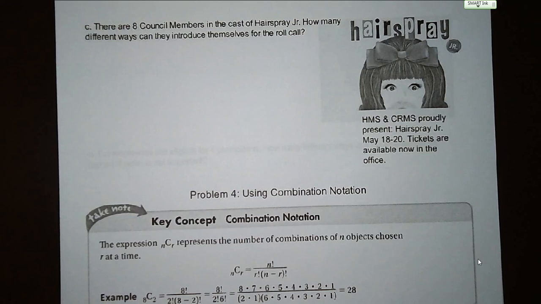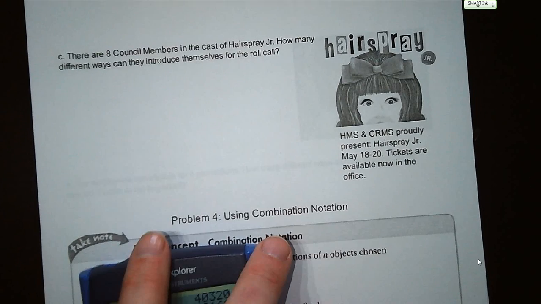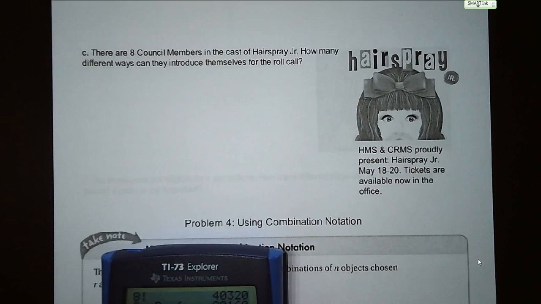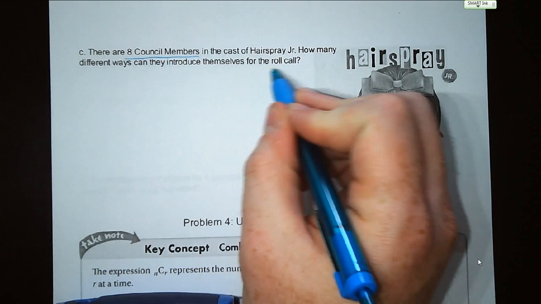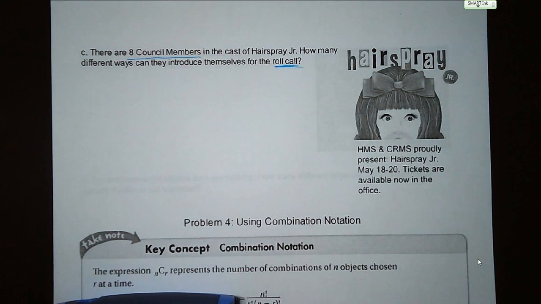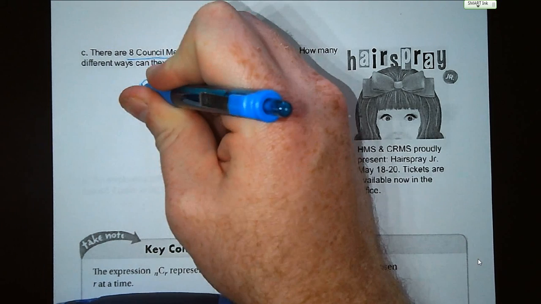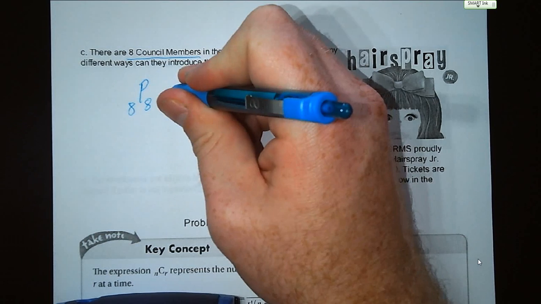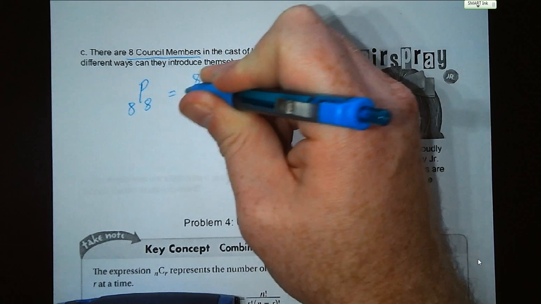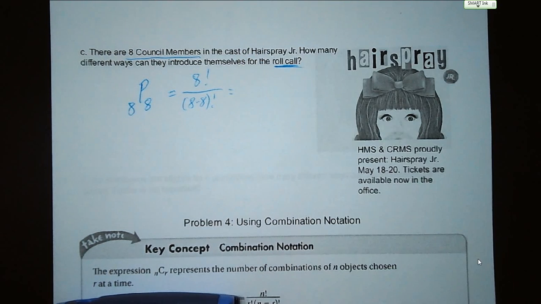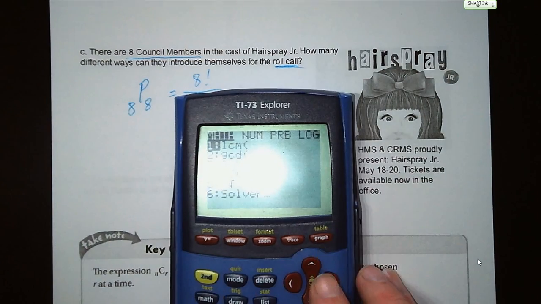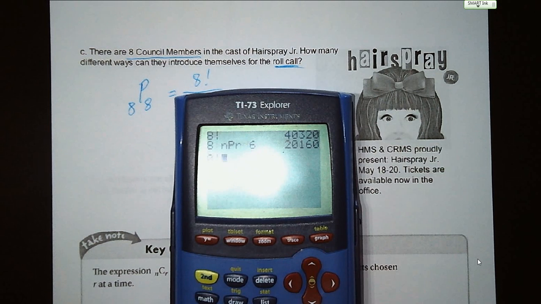Now, letter C is just kind of an oddball question. You've got 8 council members in the cast of Hairspray Jr. How many different ways can they introduce themselves for their roll call? So we've got 8 council members, and there's going to be 8 of them. So we can use permutation for this. So we have permutation notation of 8 being chosen 8 ways. Well, that's 8 factorial over 8 minus 8 factorial. Well, wait a minute. 8 minus 8 is 0. What's 0 factorial? 0 factorial is 1.